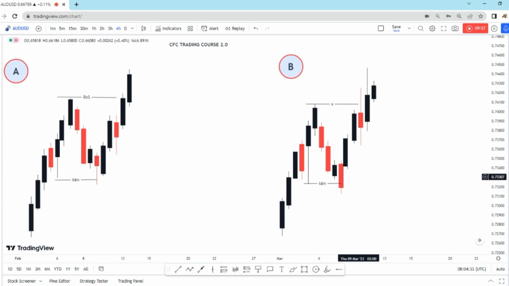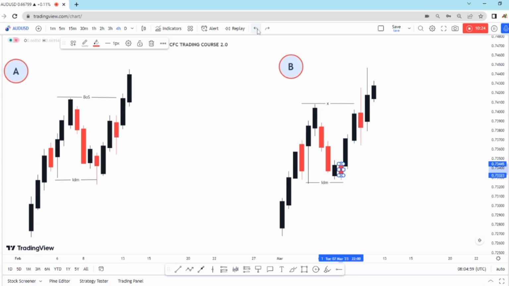But when it comes to break of structures, price needs to fully take the low and close beyond it. If it only sweeps the low or the high of a structure, then it will not be a valid break of structure.